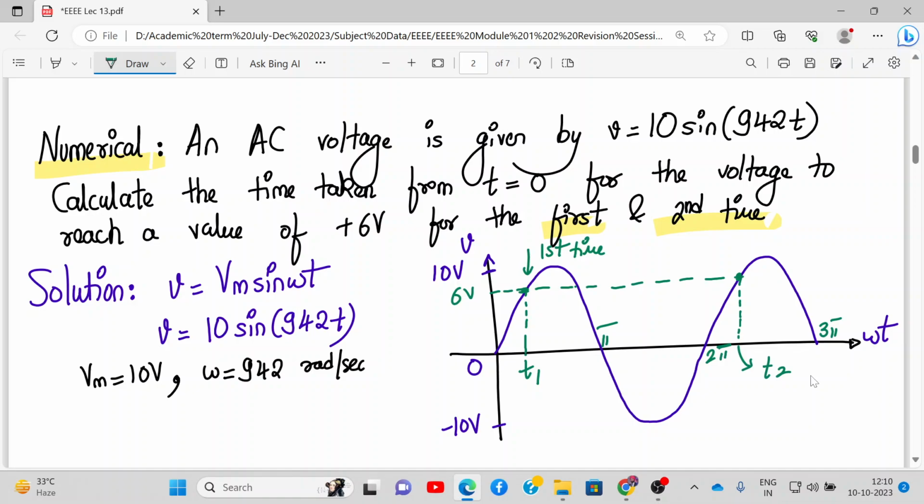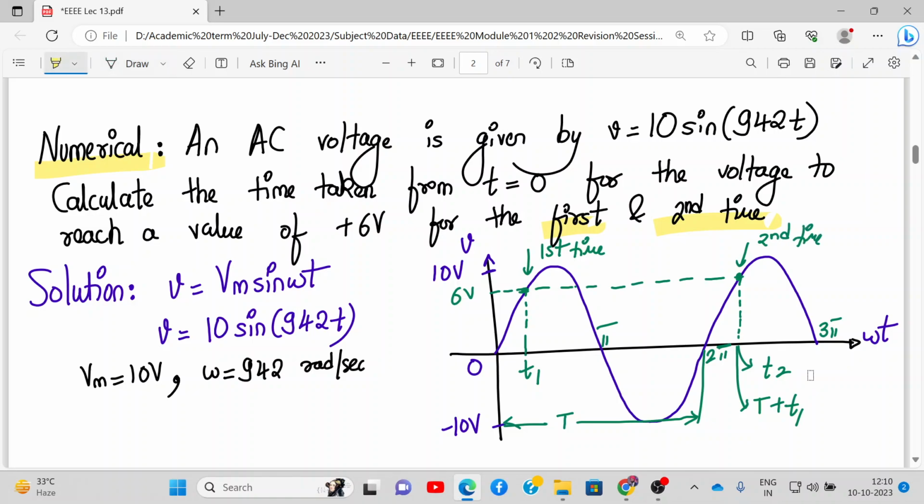So we need to find t2, and if you see carefully, from here to here we have capital T, the period. So this time can also be written as T plus t1. So once we know the value of t1 and capital T, we can easily find the time for the voltage to reach a value of plus 6 for the second time. So this is the second time, this one.